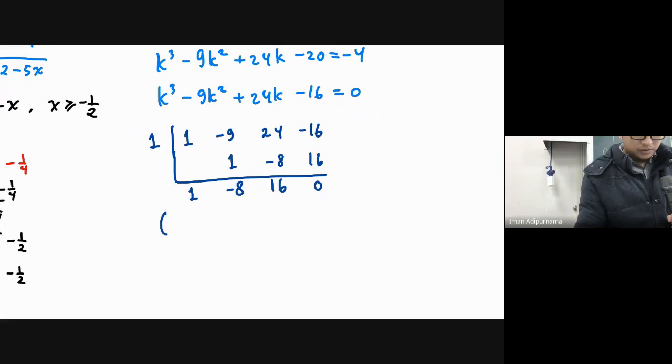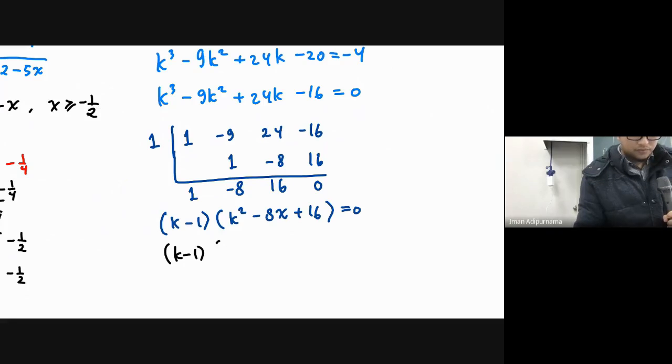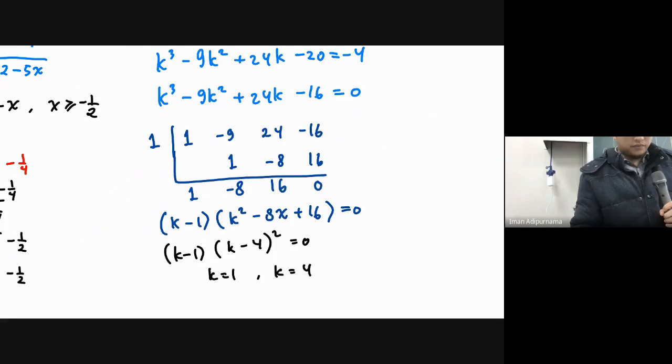So we have now k minus 1 times k squared minus 8k plus 16. And we can solve this. This becomes this, right? So k is 1 and 4.